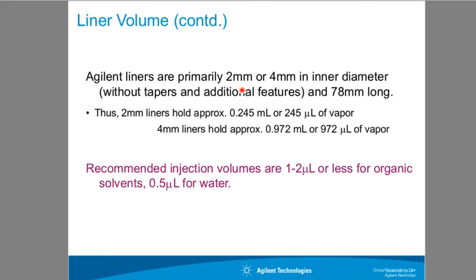Our liners are primarily 2 millimeter or 4 millimeter. The 2 millimeter would be more appropriate for a headspace or a purge and trap, basically just providing a throughput and not a volatilization area or volume for your sample. Our liners are 7 to 8 millimeters long.